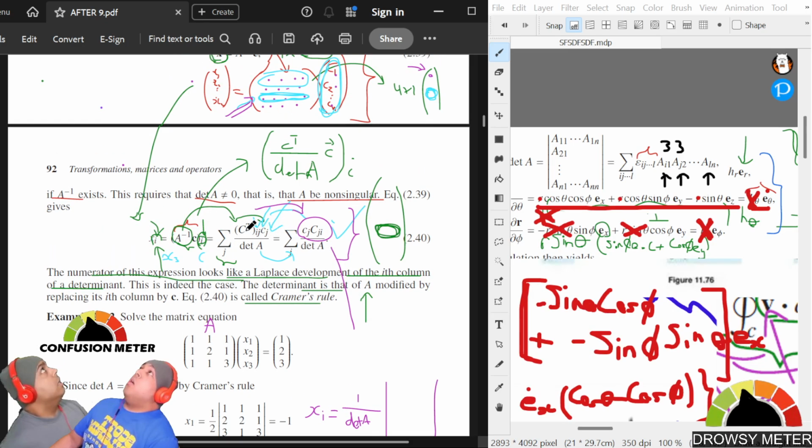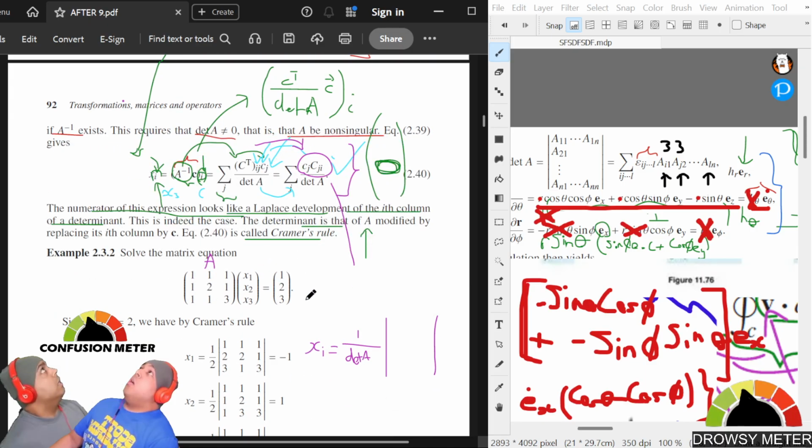When they transposed this, they also had to switch around the order. How come? J row, I column.